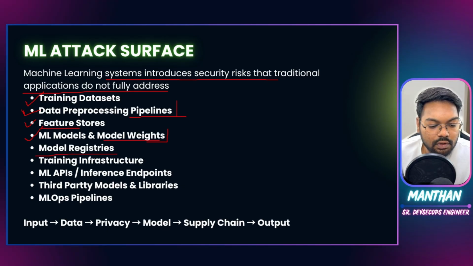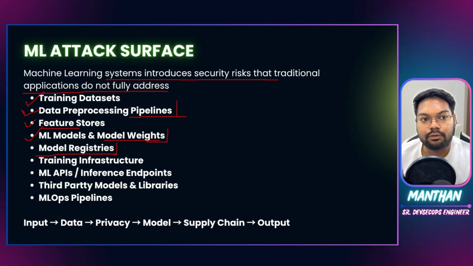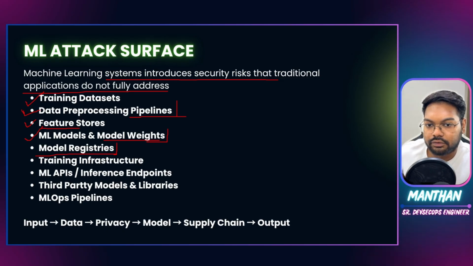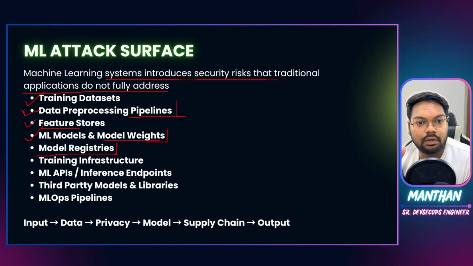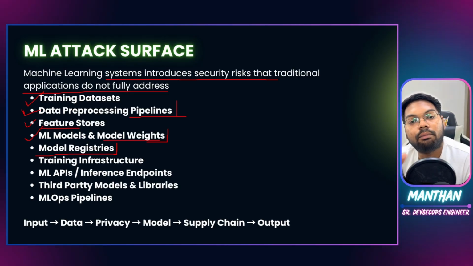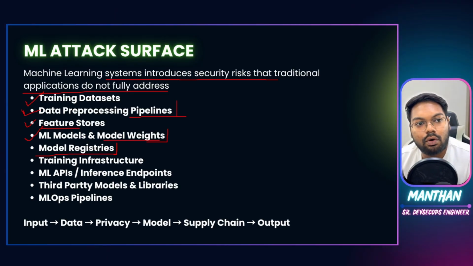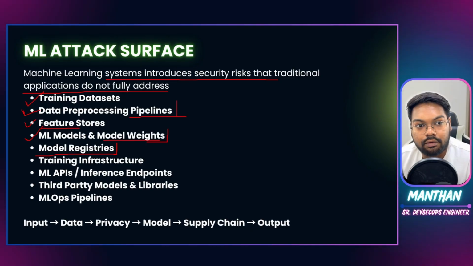Then model registries. This registry is a place where the compute data is stored, the model is stored, and if someone gets hold of this registry and it has a bunch of different models in it, then someone can change things over there, and once that registry is tampered with or compromised, it could lead to deployment of bad models that are not supposed to be served to the customers.